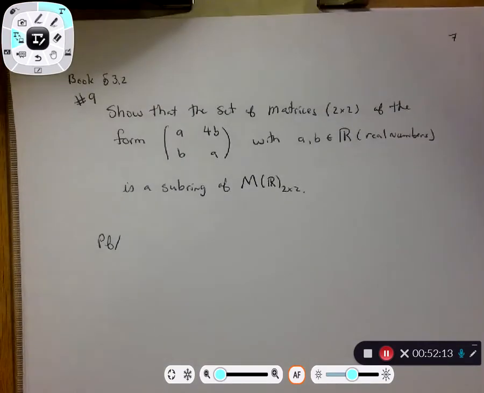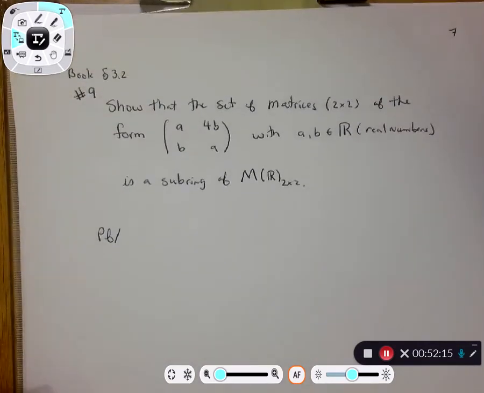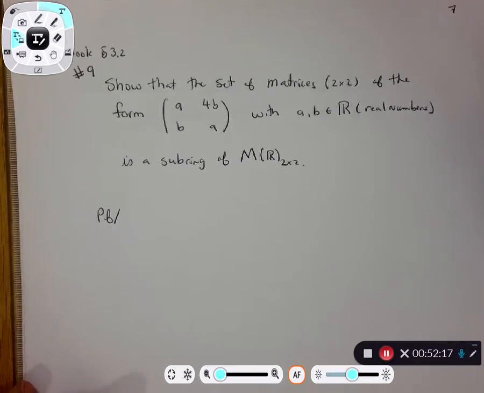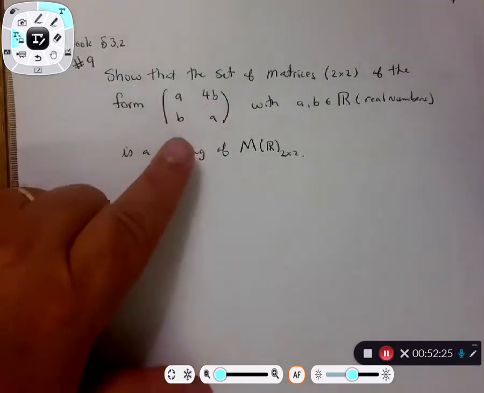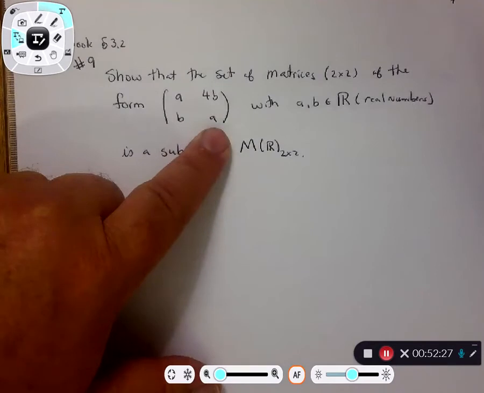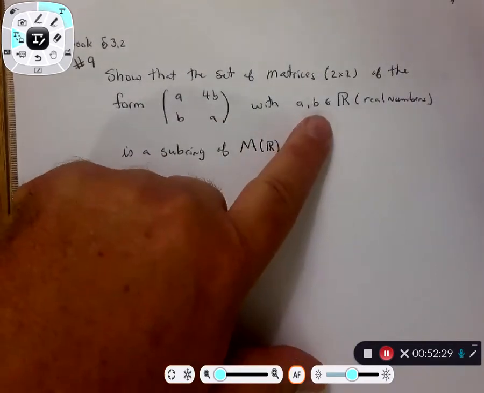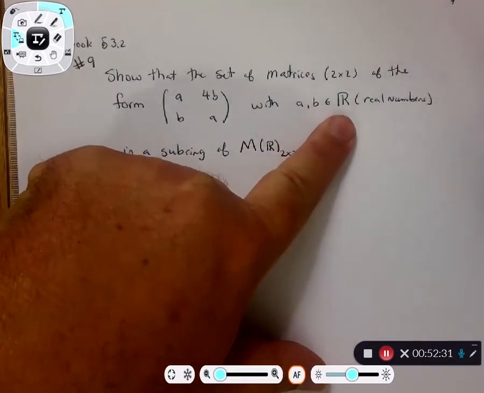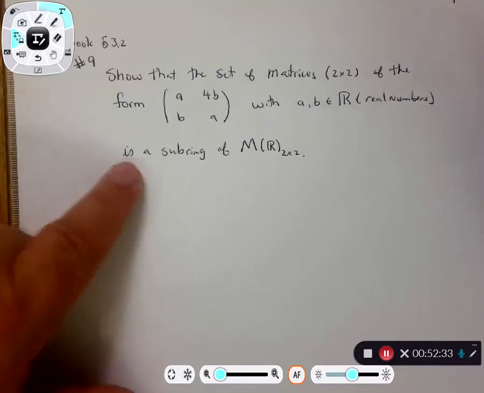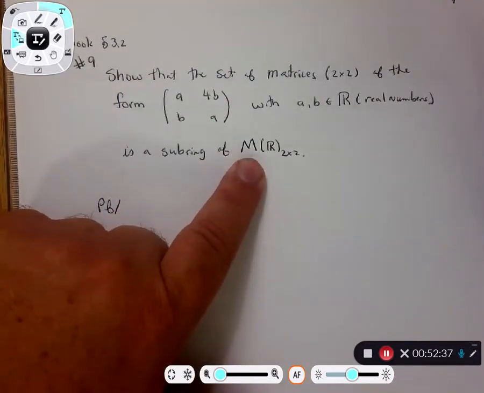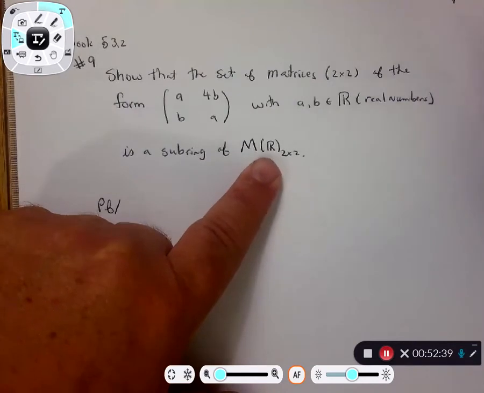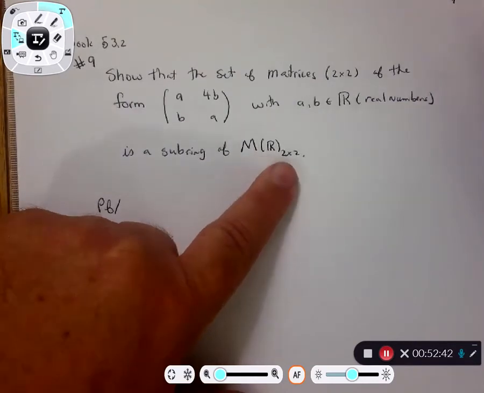Problem number 9, I just copied it right out of your textbook. It says this. Show that the set of matrices, these are 2 by 2 matrices, of this special form A, 4B, B, A, with A and B elements of the real numbers, is a subring of M, where M stands for matrices, inside parentheses is where the elements come from, the real numbers, of the 2 by 2 type.